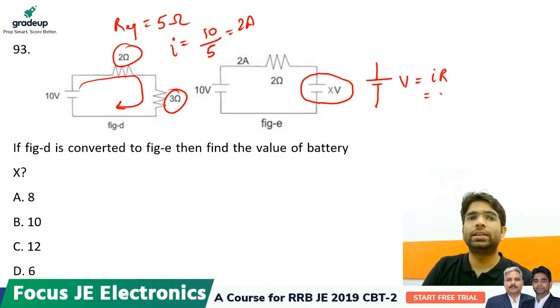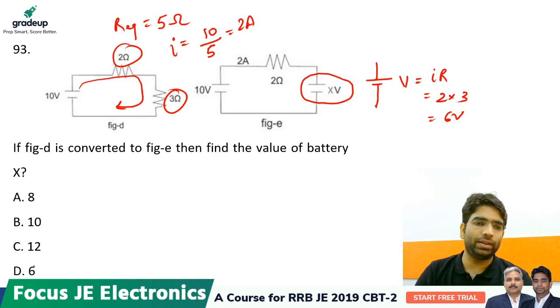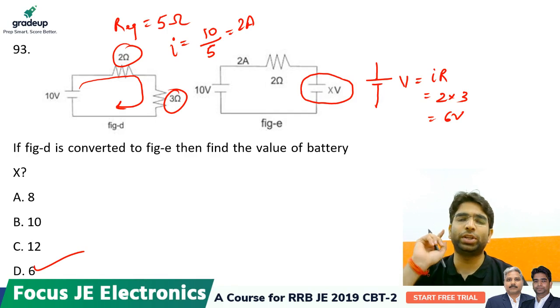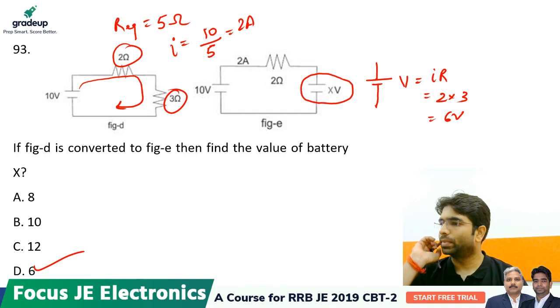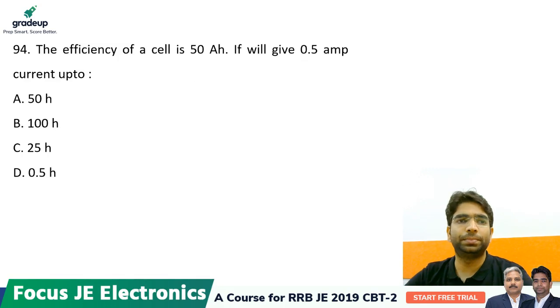I is 2 amperes, R is 3 ohms, so 6 volts. So option D will be correct. It is a case of substitution theorem where an element is replaced with its equivalent without disturbing the VI characteristics of the circuit.